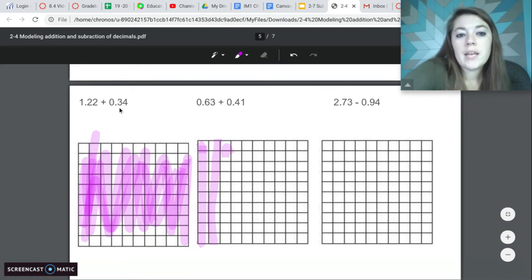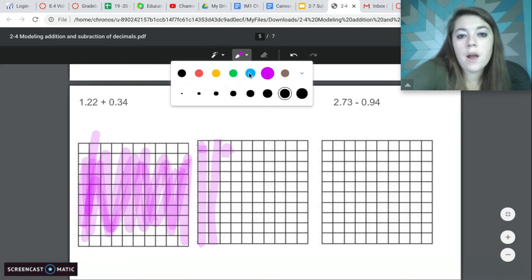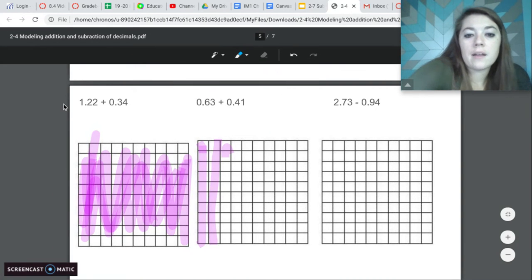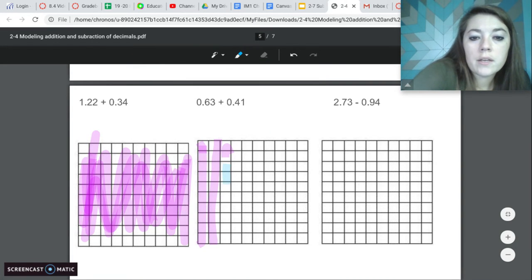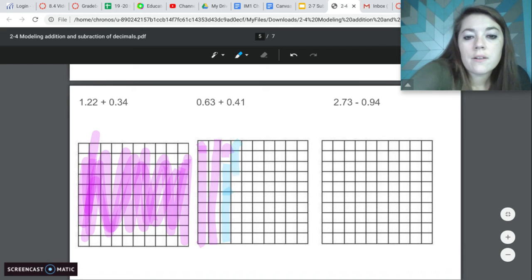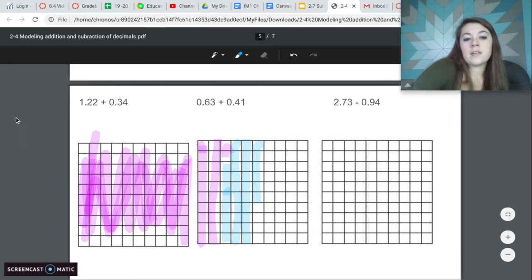There's our 22. Now we need 34 hundredths added on to that. So we're going to go 1, 2, 3, 4, 5, 6, 7, 8. So there's 18. There's 28. So then 29, 30, 31, 32, 33, 34. So there is our 34 added on.